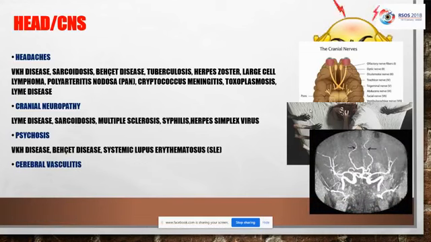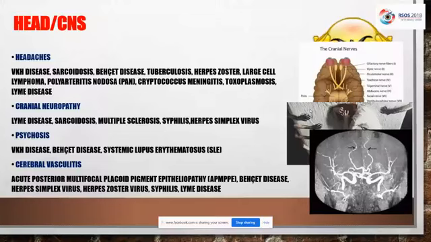If you have a history of cerebral vasculitis in some patients, you need to exclude those etiologies, like acute posterior multifocal placoid pigment epitheliopathy, and this will be easy with the clinical findings of fundus examination. Behçet disease has characteristic vasculitis in the retinal blood vessels.